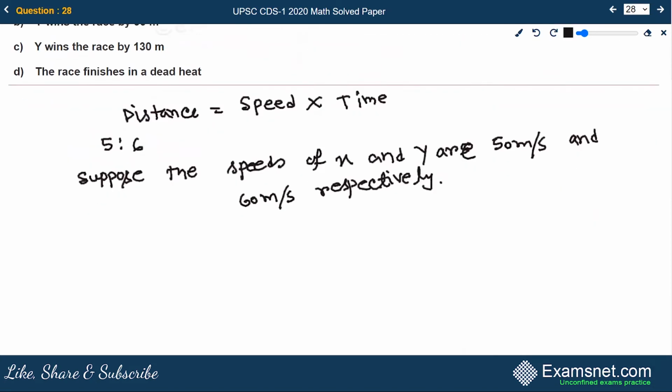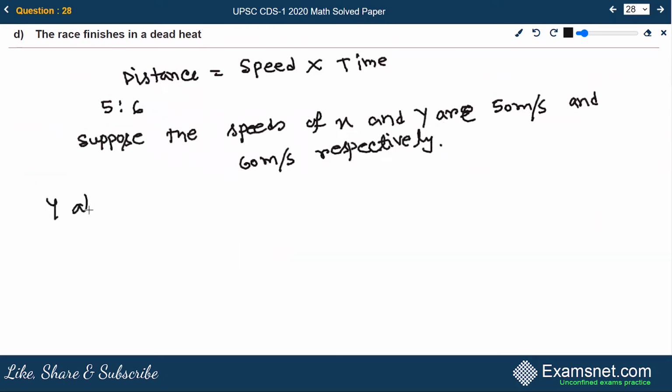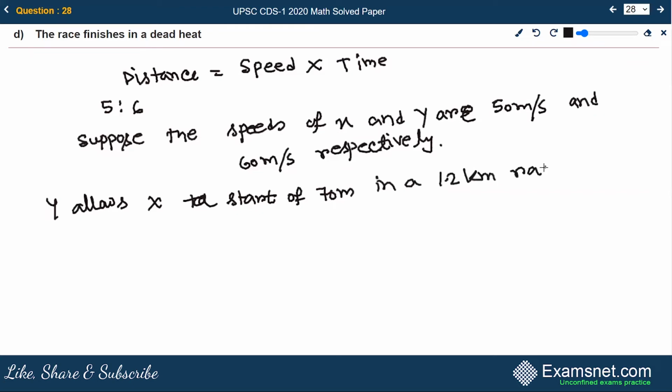Also it is given Y allows X a start of 70 meters in a 1.2 km race.